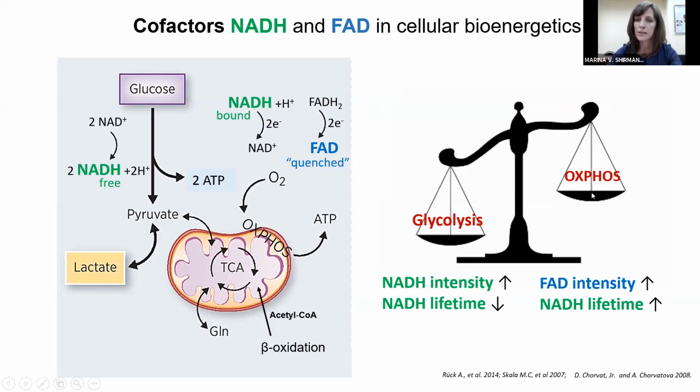If oxidative phosphorylation dominates, fluorescence intensity of flavins, FAD, increases, and fluorescence lifetime of NADH increases because it is involved in mitochondrial respiration in the protein-bound state. So using this technique, we can assess the relative rate of these two metabolic pathways.